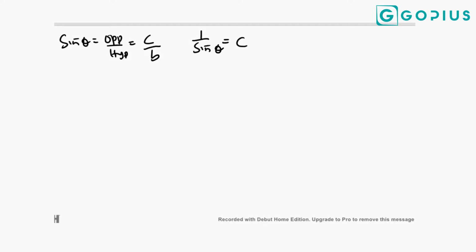This is another trigonometric ratio called cosecant, abbreviated cosec theta. So cosec theta is 1 over c over b, which gives b over c. That means hypotenuse over opposite.